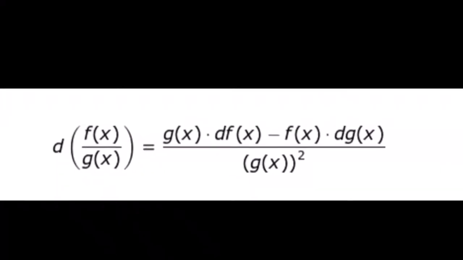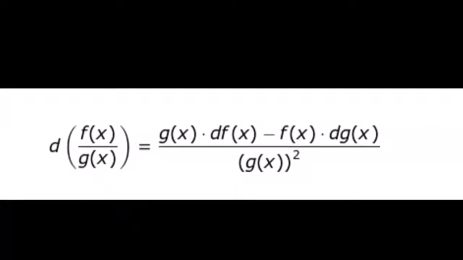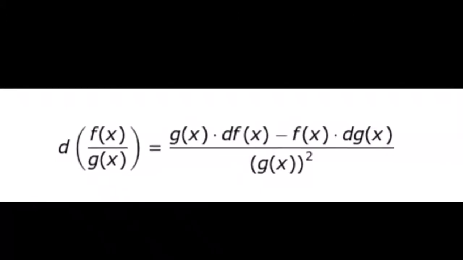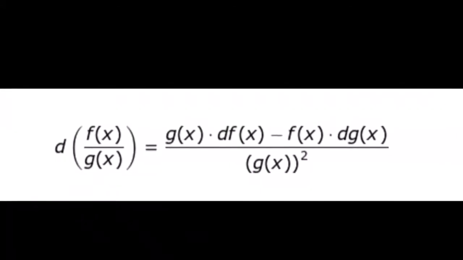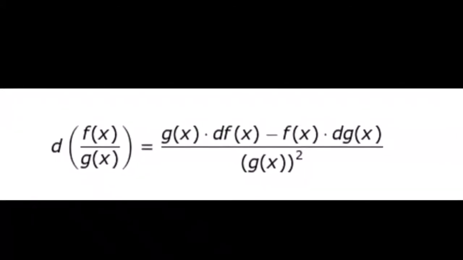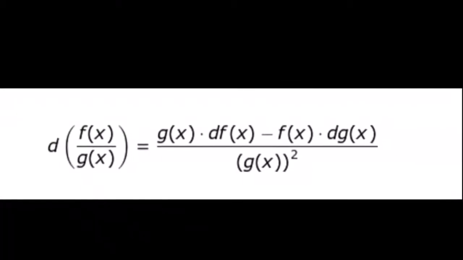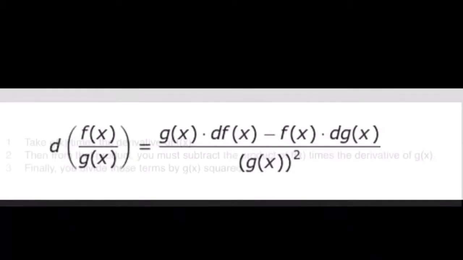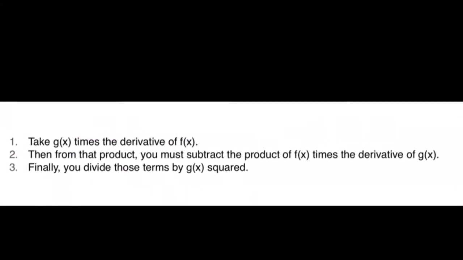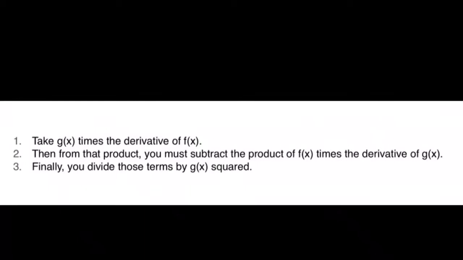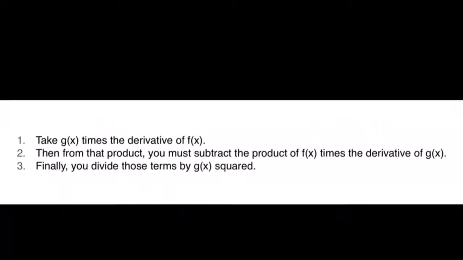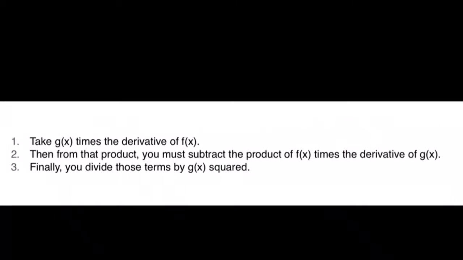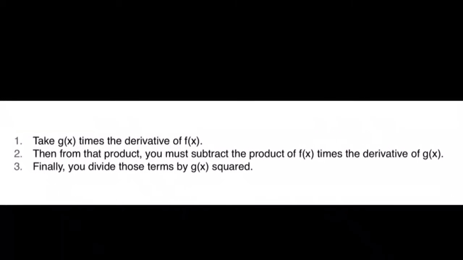The formula is the derivative of f of x over g of x equals g of x times the derivative of f of x minus f of x times the derivative of g of x, over g of x squared. It states that to find the derivative of f of x divided by g of x, you must: number 1, take g of x times the derivative of f of x.